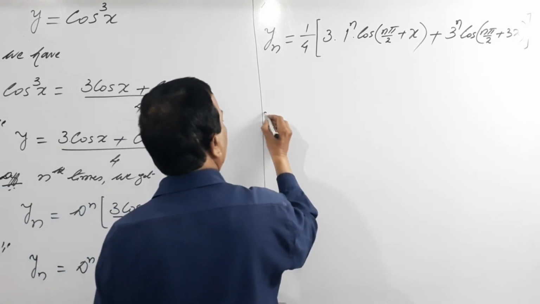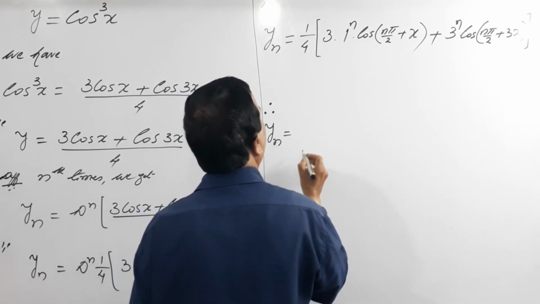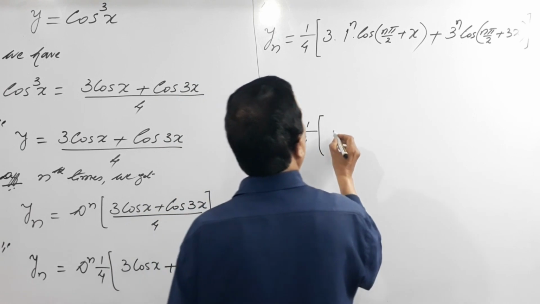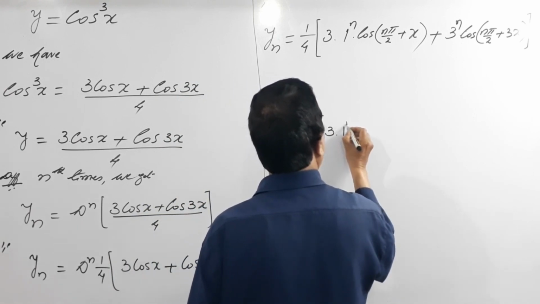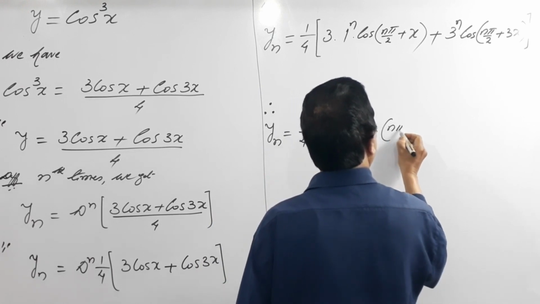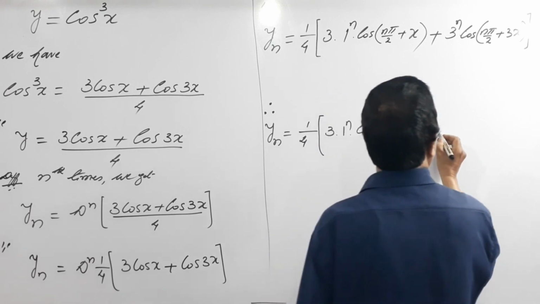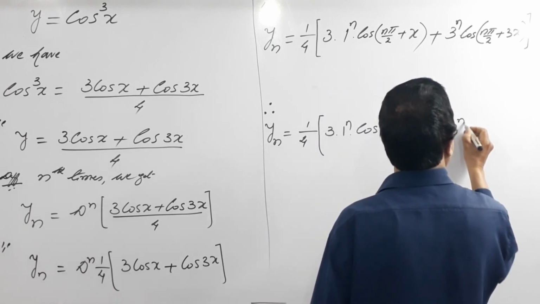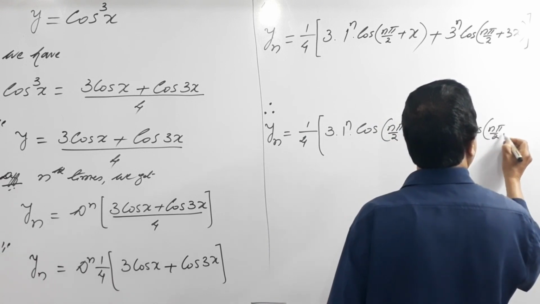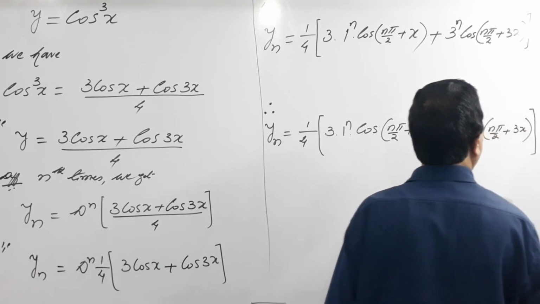Therefore yn will be 1 by 4 into 3 into 1 to the power of n cos of n pi by 2 plus x, plus 3 to the power of n cos of n pi by 2 plus 3x.